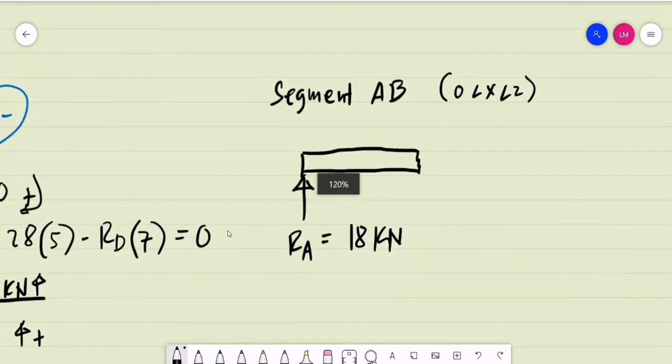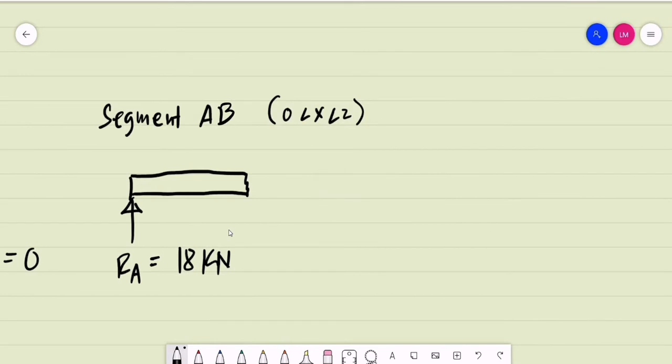If we cut a section, what will be the direction of our internal forces? The internal shear on the left side will be downward, and we will have a counterclockwise moment.